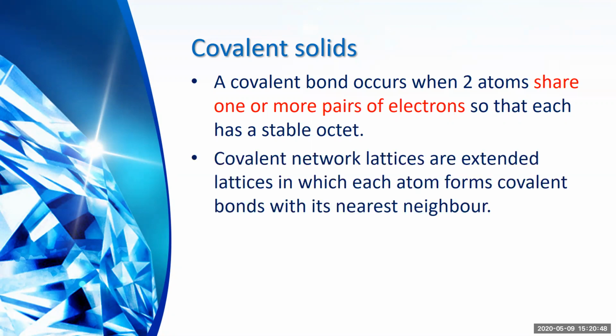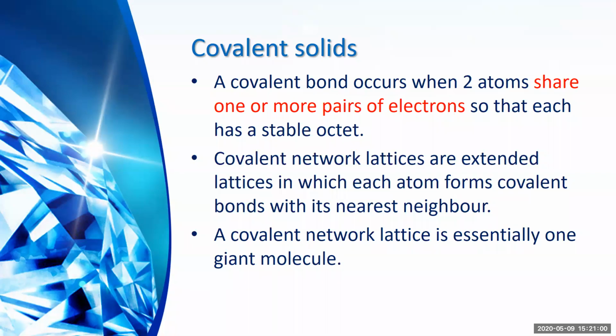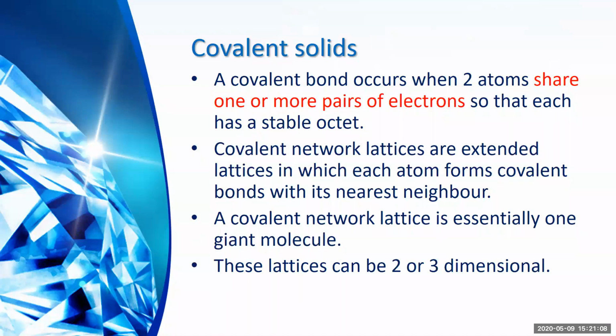And within the lattice, each atom forms covalent bonds with its nearest neighbour or neighbours. Often this happens with several atoms, which is how you get the extended lattice. It's essentially just one big molecule with covalent bonds throughout it. And you can get these lattices in 2 dimensions or 3 dimensions, and we're going to look at examples of both.